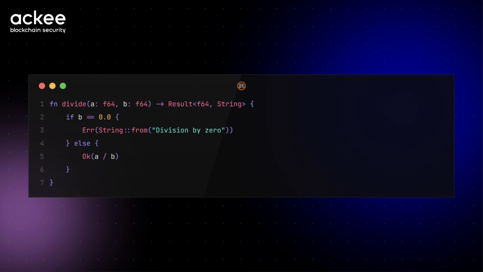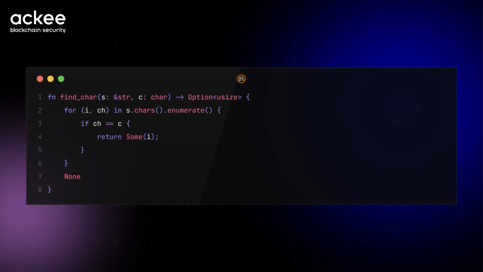If some conditions are not met, we will return some kind of error message. In this case, we have a string which tells us that b is equal to 0. If the conditions are met, then we return Ok with the result within the Ok. So this is the idea behind Results.